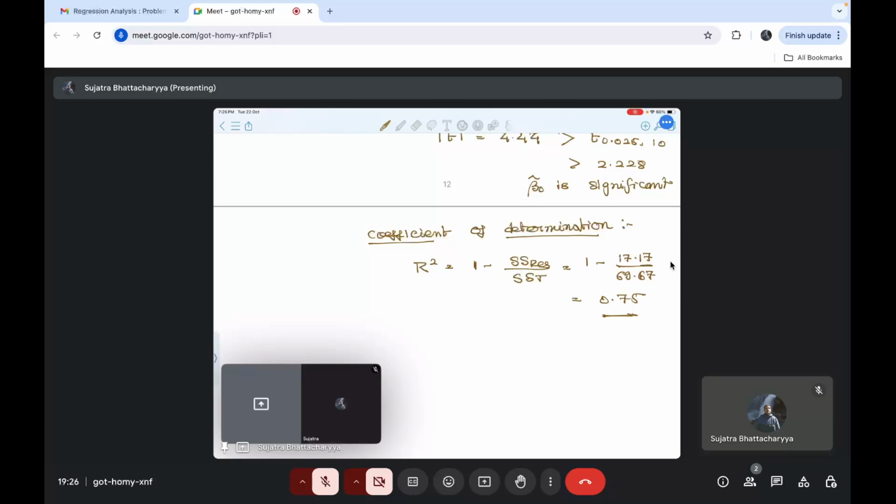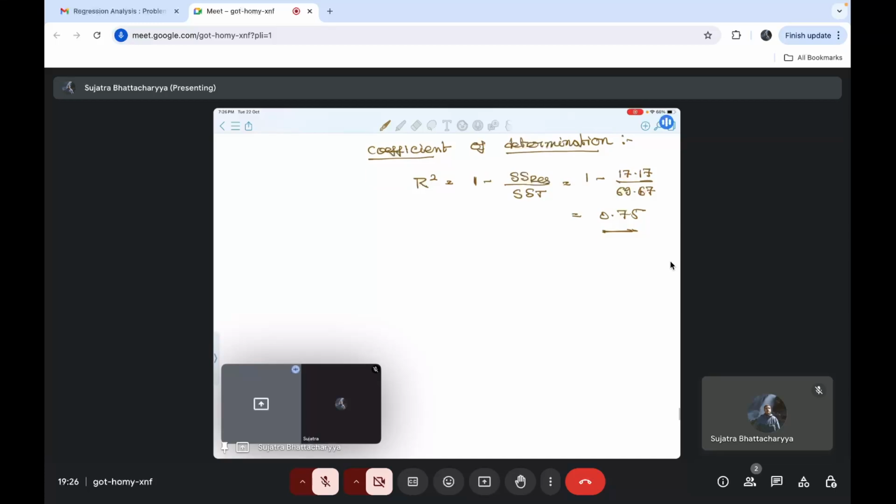All right. Now let's come to the actual question, that is the confidence interval of mean response. Mean response y at some value of x.